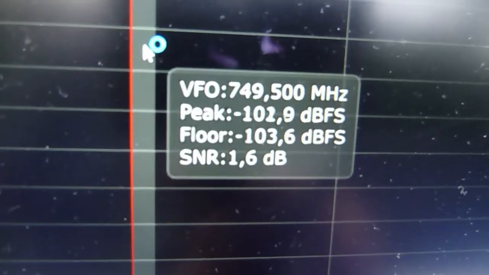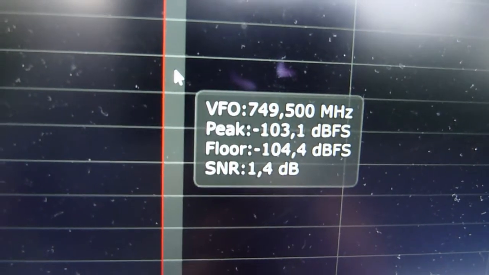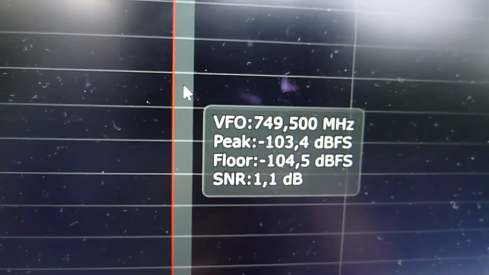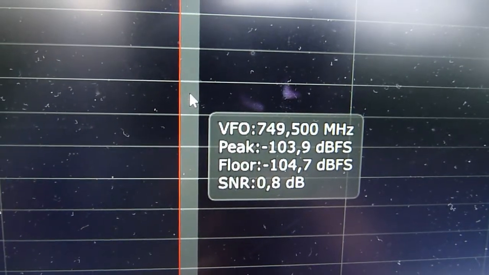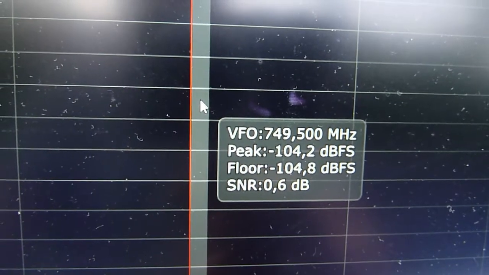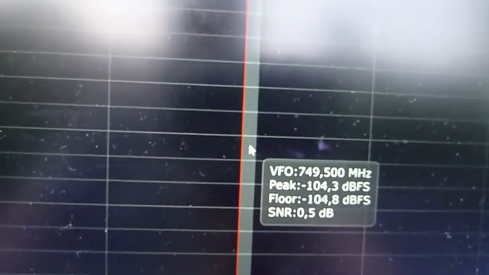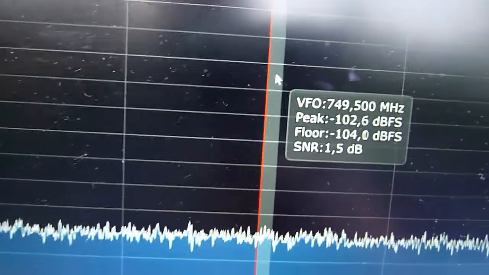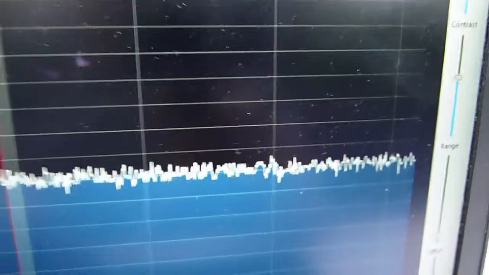I'm now pointing towards the sky. Let's say it's minus 104.7, 104.8. And now I will tilt it. And then you use a calculator.